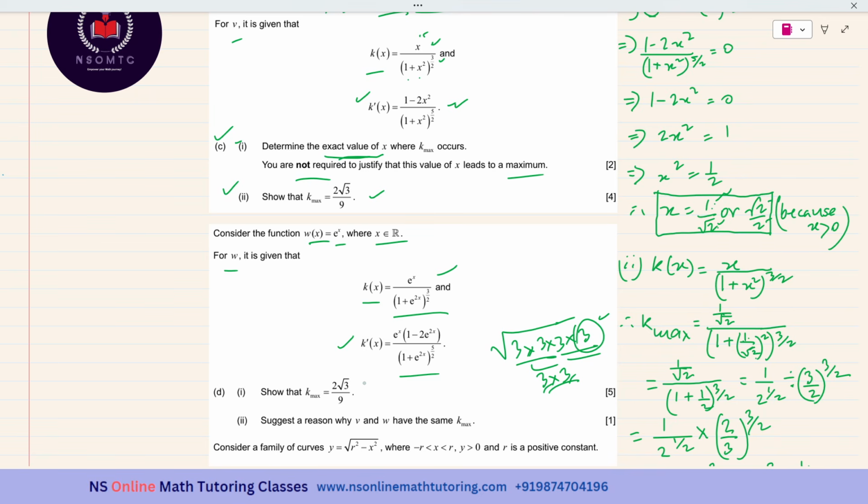So first of all, we have to get the value of x, for which k of x is maximum, and then we have to substitute that value. So let me solve this Sapat D over here.